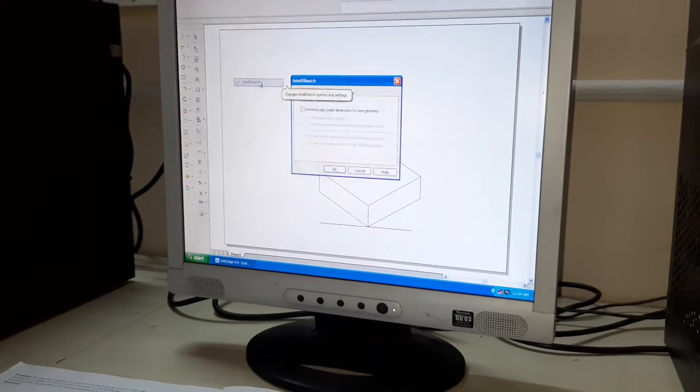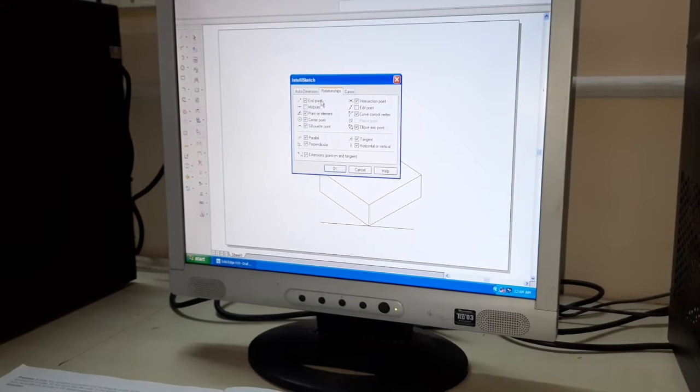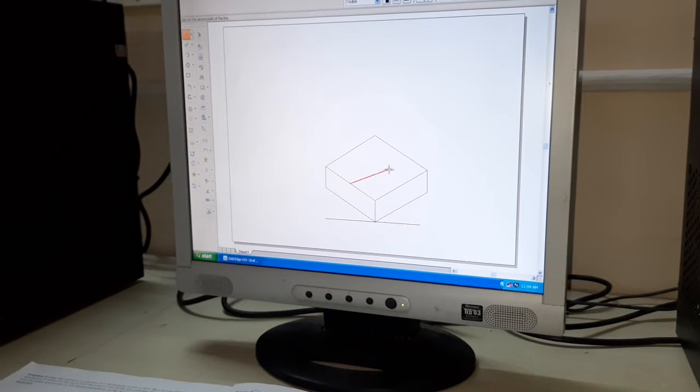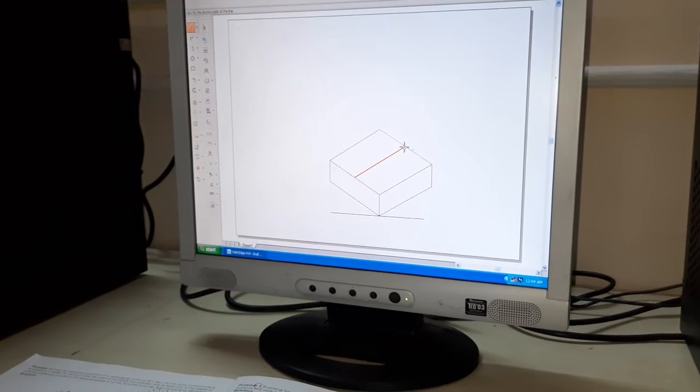Next step is to draw the frustum of square pyramid. Let us identify the center point of the slab.